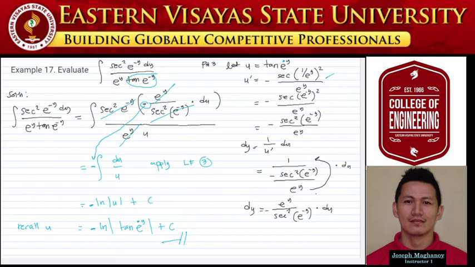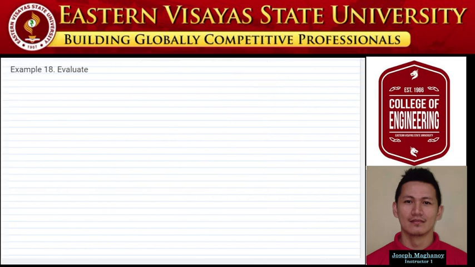So let's proceed to our last example. Example number 18, page number 30 in your workbook. We need to evaluate the integral of cotangent hyperbolic 3x dx.